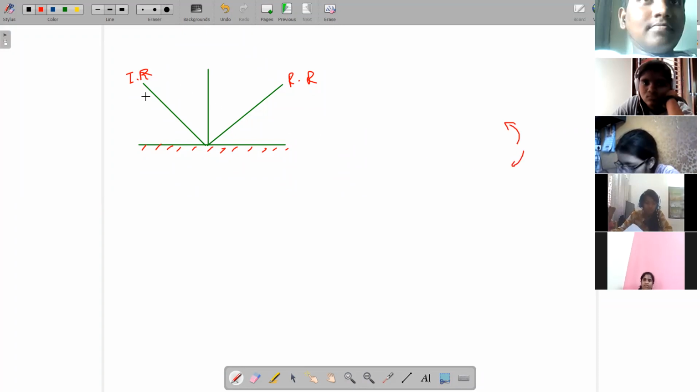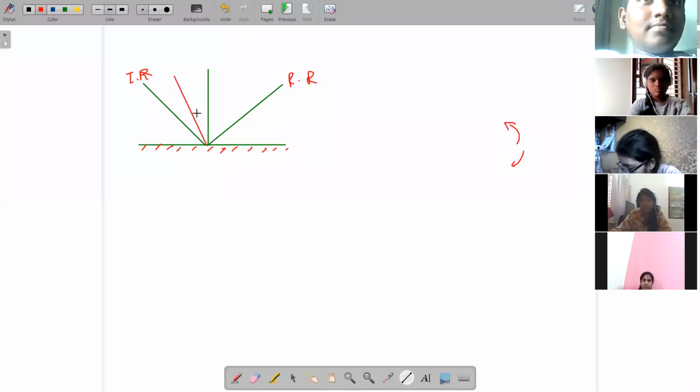When you rotate in the clockwise direction, I am coming from here to here.